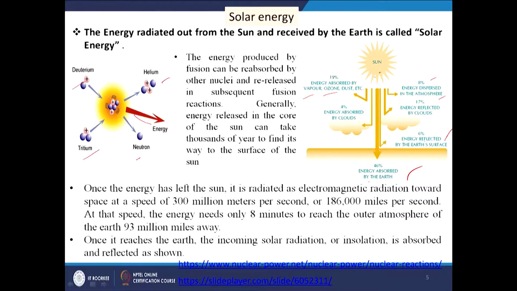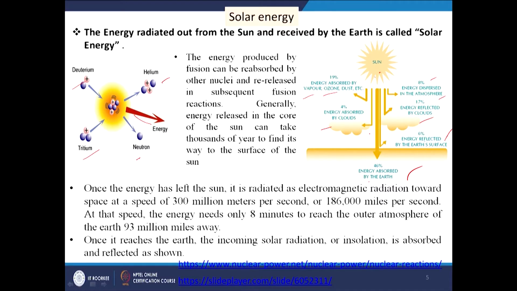For clouds, 4% of energy is absorbed and 17% is reflected. So, this is the total energy distribution from the sun, and ultimately we get 46% of the energy absorbed by the earth.